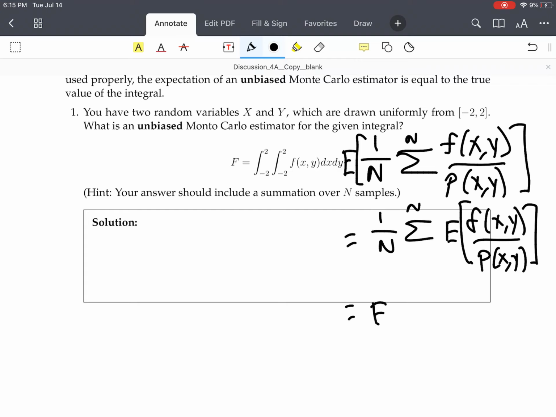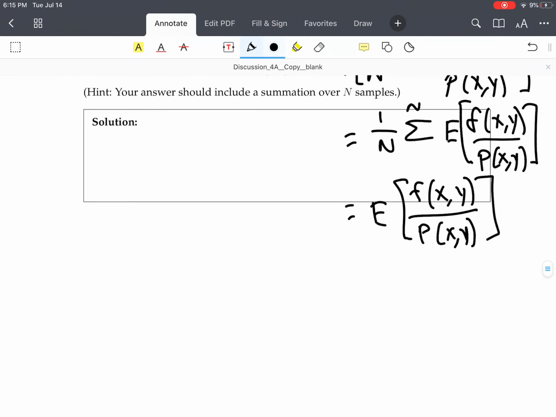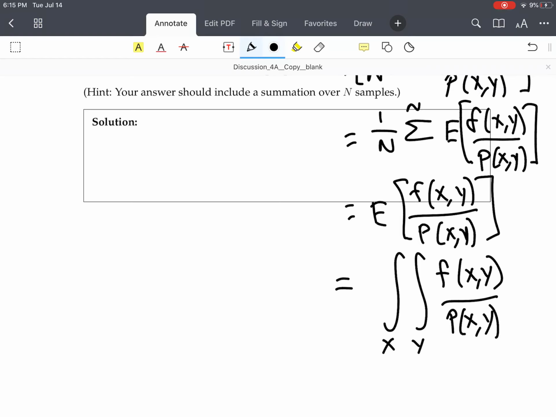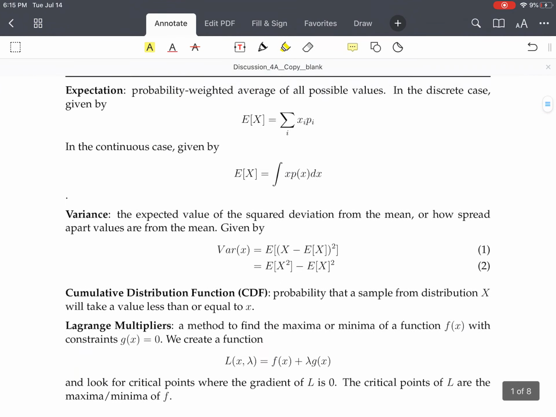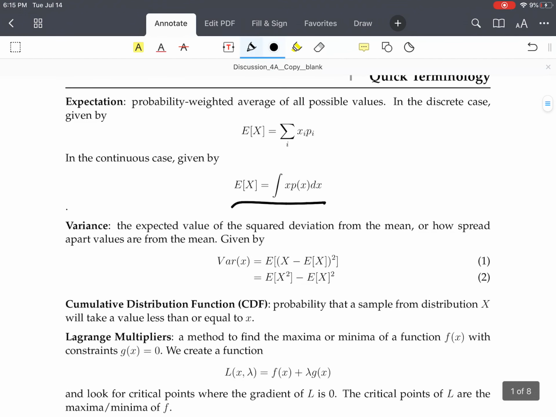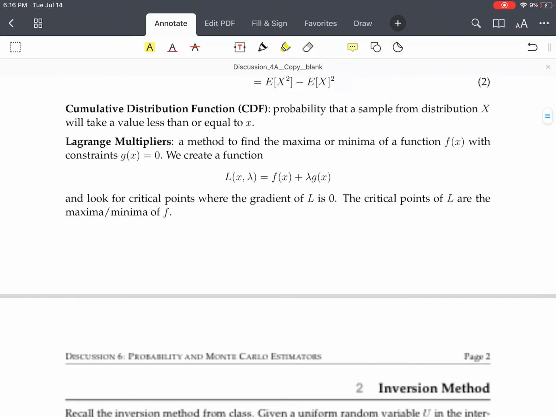And so we're basically just going to get the expectation of f of x comma y over p of x comma y, which, if you remember, is equal to the integral over all xy, integral over x, integral over y, of the value inside the expectation times the probability. That's the definition we saw right here: the expectation of x is the integral of x times the probability of it.